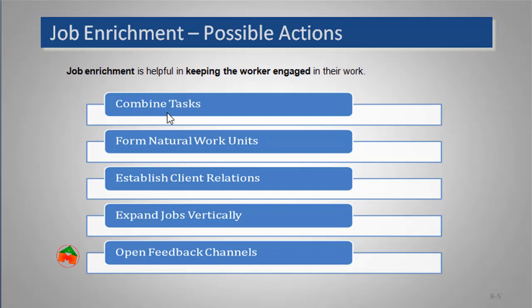We can combine tasks, we can form natural work units, we can establish client relations, we can expand jobs vertically, we can open feedback channels. These are the possible actions by which we can ensure job enrichment, and job enrichment can ensure employee engagement. Ultimately, it will increase the motivation of the employees.